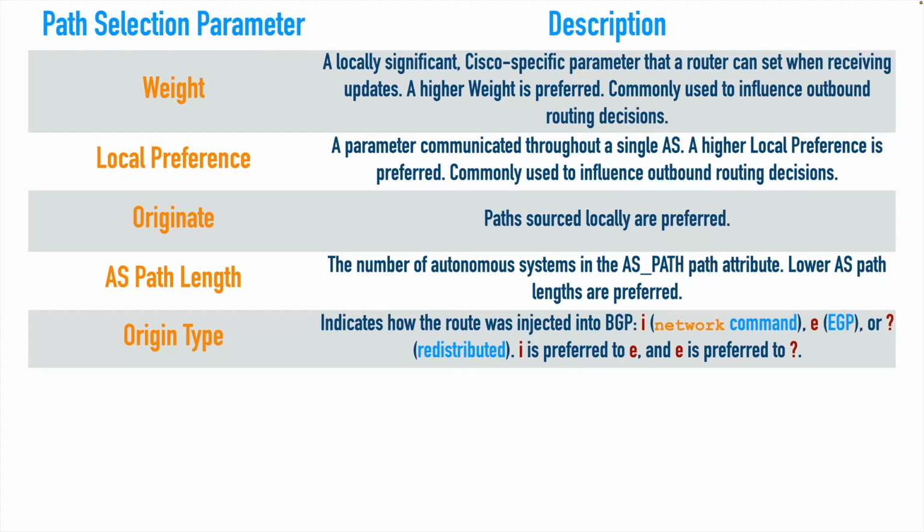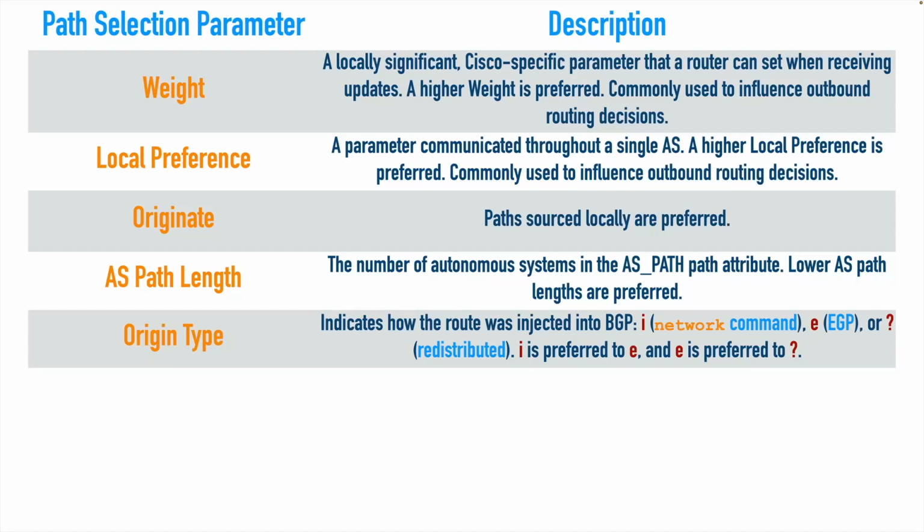Well, if a route got injected into our BGP routing table by the EGP routing protocol, then our origin type would be an E. If a network got injected into our BGP routing table using the network command, as it often is, then the origin type would be an I. And another way that a network could end up in our BGP routing table is if it were redistributed from another routing protocol. Maybe OSPF was redistributed into BGP. In that case, our origin type would be a question mark.